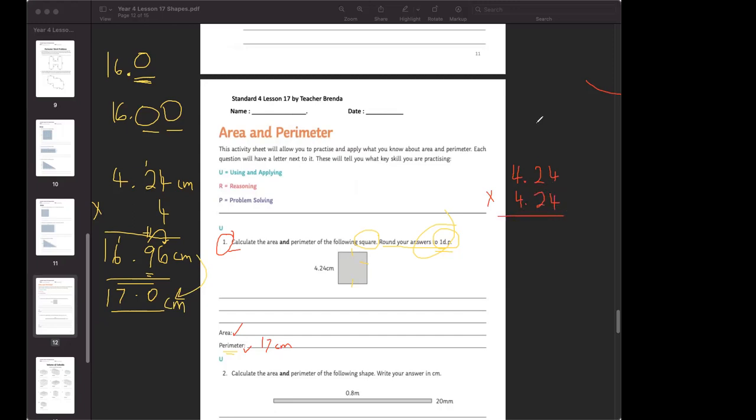Very easy. Just take away the decimal first. Do a normal multiplication, 424 times 424. What will you get? Yes, a very big number. So the safest way that I would do this is using lattice multiplication. So how do you do that?